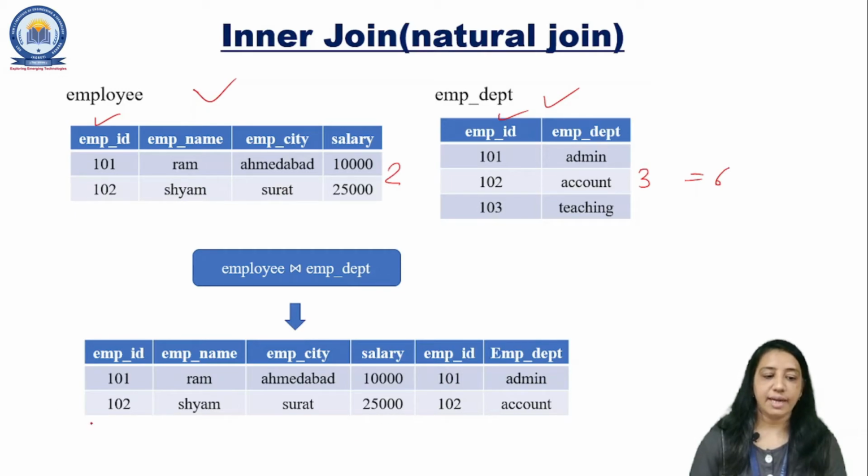So you can see that it is similar to a cross product with a selection, that means with a condition. Either you can write the cross product using some condition or directly write a natural join. At the time of natural join we are not required to specify the condition. So this is about the inner join.